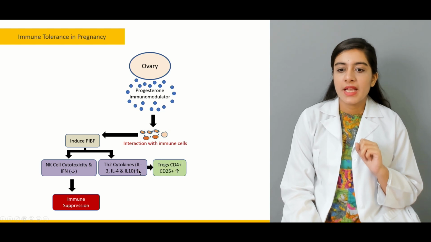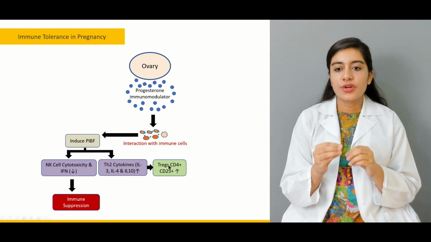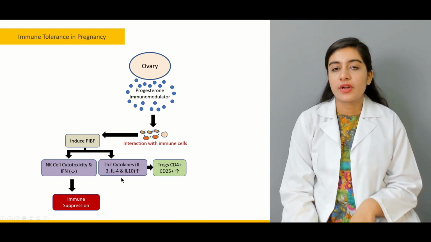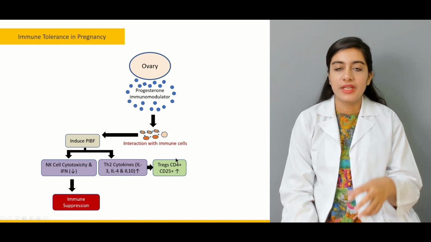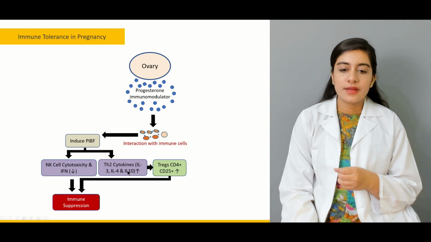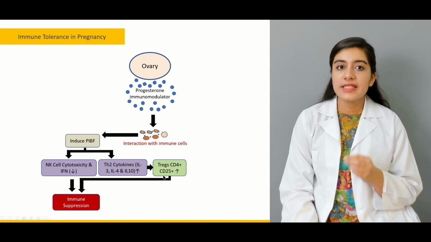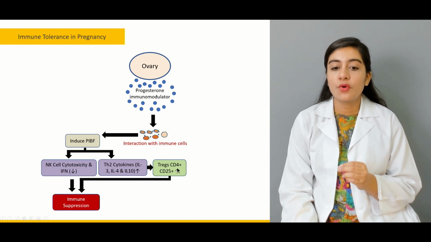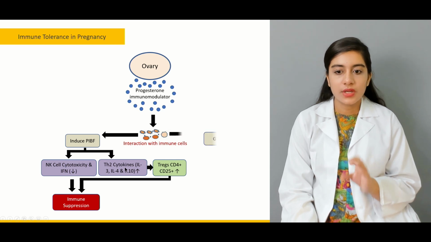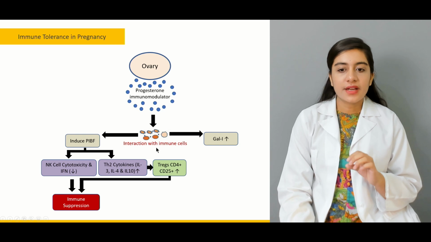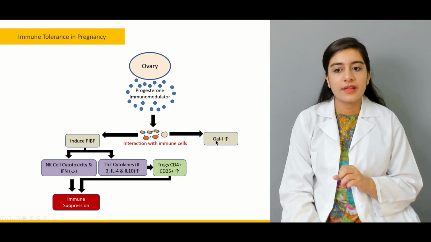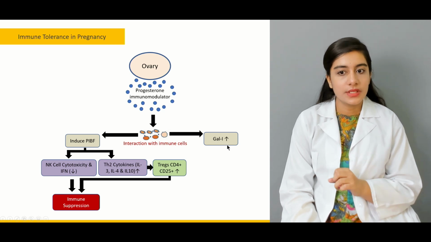Then what happens? CD4 and CD25 are increased. All of these are inflammatory markers found inside the body whenever there is some inflammatory or immune reaction taking place. The increase in CD25 and CD4 leads to immune suppression. These two processes we have discussed. Then the interaction with the immune cells, on the one hand, was causing this process, and on the other hand it is causing Gal-1 to increase.